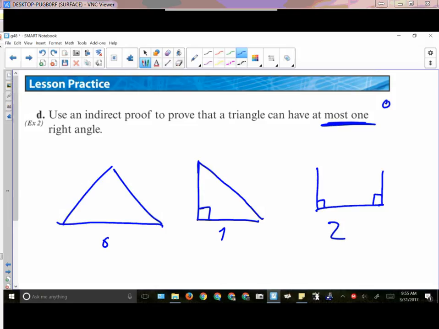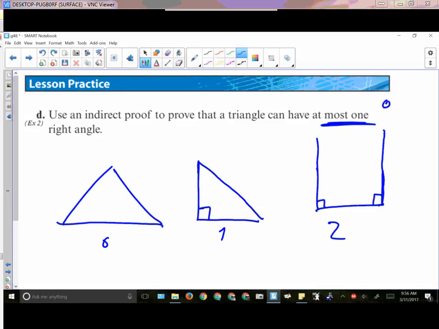Do I have a triangle? Could I extend this out and try to get them to bend together? No. So, okay, I've got one thing there. I tried to make a 3-sided figure that had 2 right angles in it. So starting with 0, then moving up to 1, then moving up to 2.